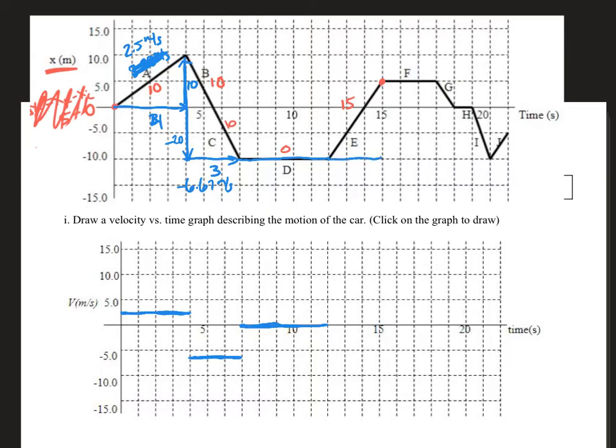Section E, the run is 3 seconds, and the rise is from negative 10 to 5, which is 15. Divide those two, and the slope here is 5 meters per second, and that's for 3 seconds. F has a slope of 0.